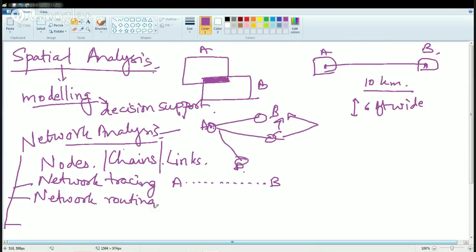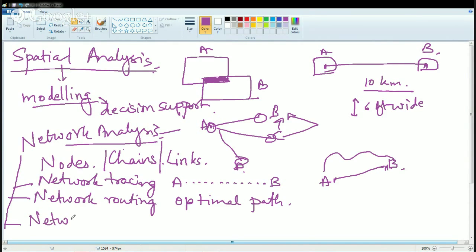It means I have to find out the optimal path. One way to reach B is this, and one way to reach B is this. So I'll have to find out the optimum path where it's most easy or most convenient to reach B. Finally, the next issue is network allocation.